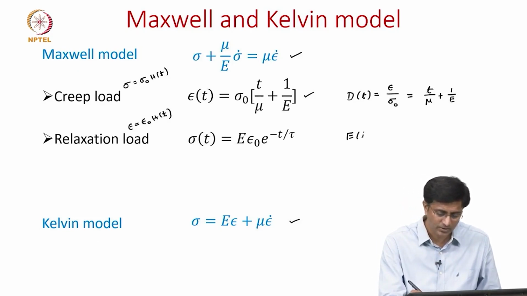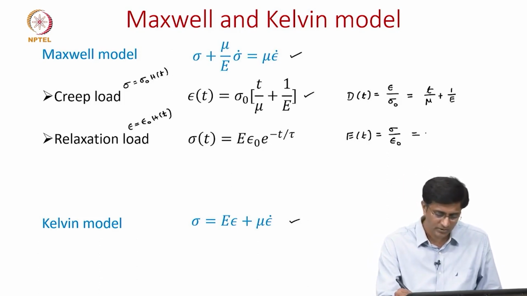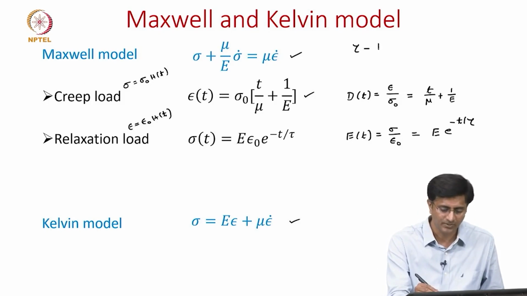Relaxation modulus, represented as E of t, is simply the stress by strain. Again here strain is constant, so we will write this epsilon naught. So, this should give us E power minus t by tau, where tau we have already defined is the relaxation time.